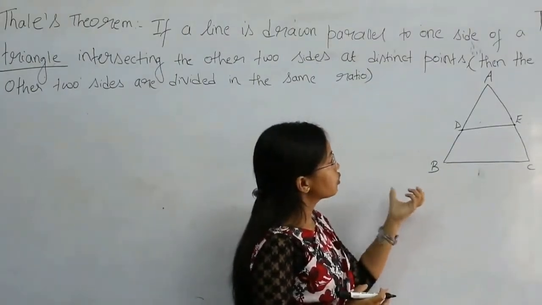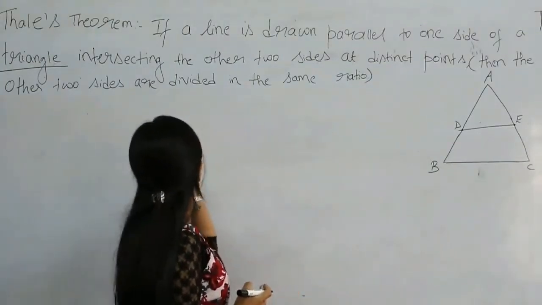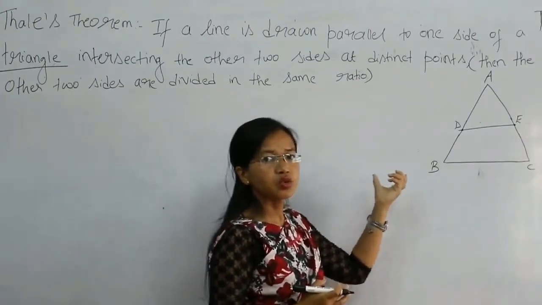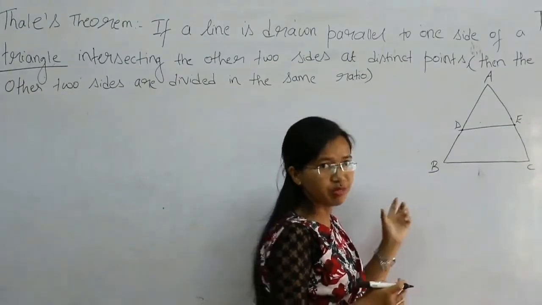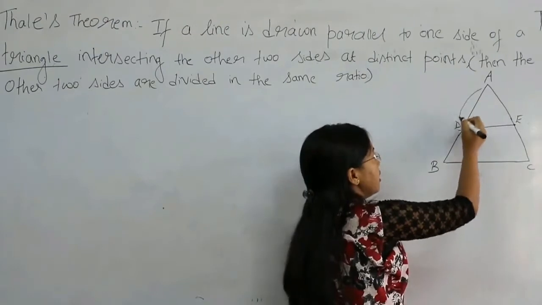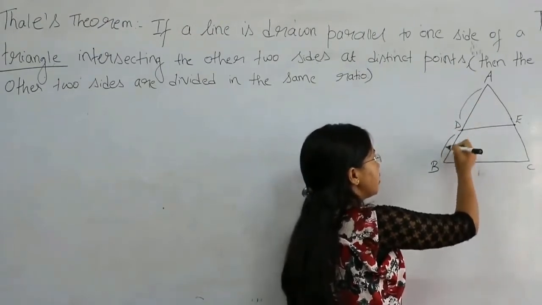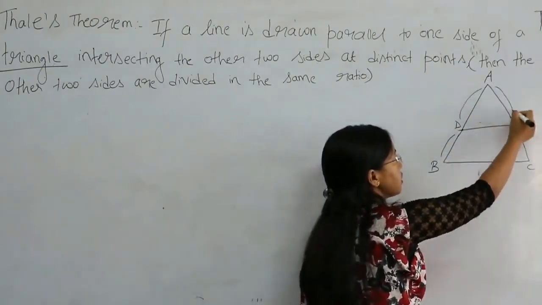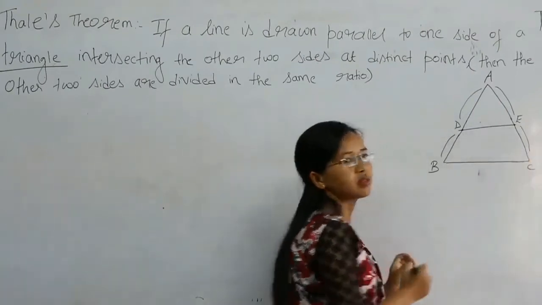Then we have to prove that the line divides the other two sides in the same ratio. It means the ratio AD by DB is equal to AE by EC.